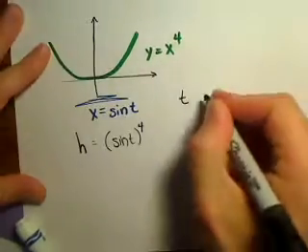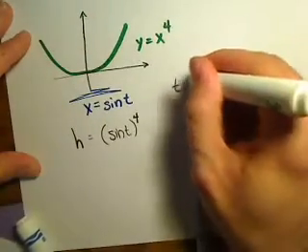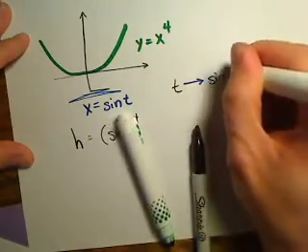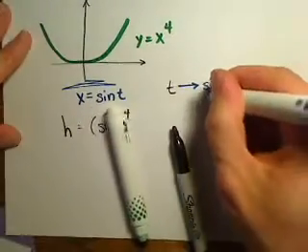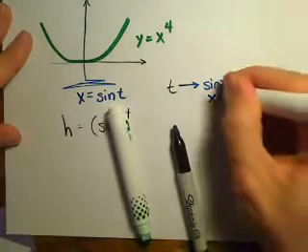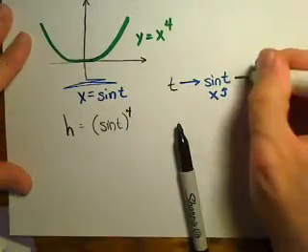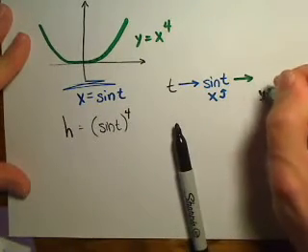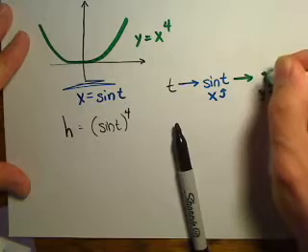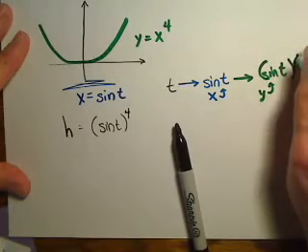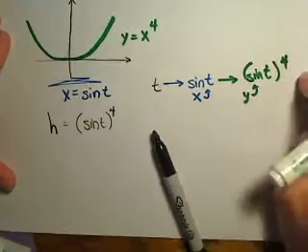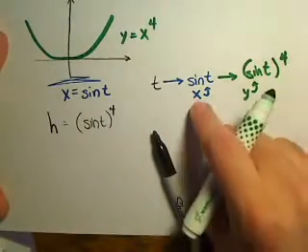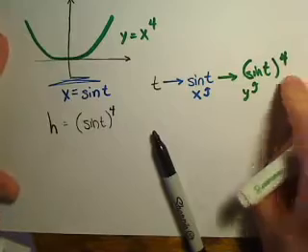So we go from time, and then the blue function gets us our x-coordinate, and then our green function translates that x into a y, and that gets us our y in the end, which is sine of t to the fourth. Raising an x-coordinate to the fourth is how you translate a horizontal into a vertical.